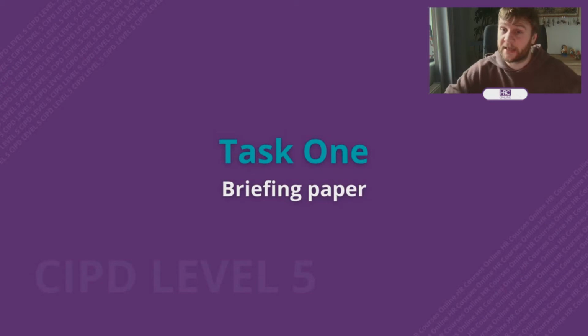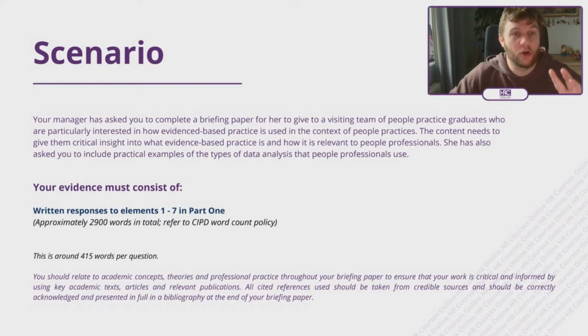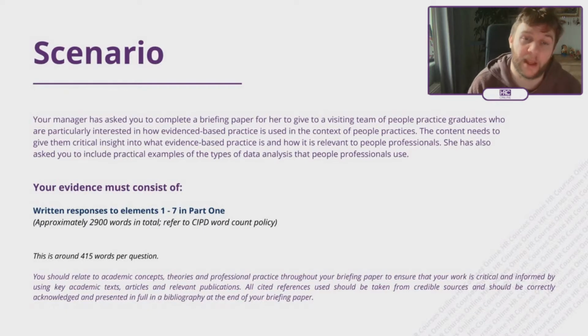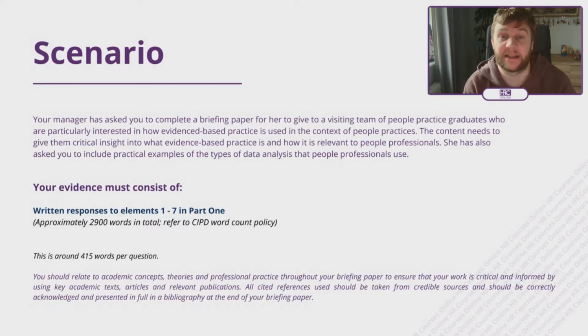Right. Anyway, task 1 is a briefing paper. So what you're going to be doing in task 1 is, see if we've got the scenario. Your manager has asked you to complete a briefing paper for her to give to a visiting team of people practice graduates who are particularly interested in how evidence-based practice is used in the context of people practices.